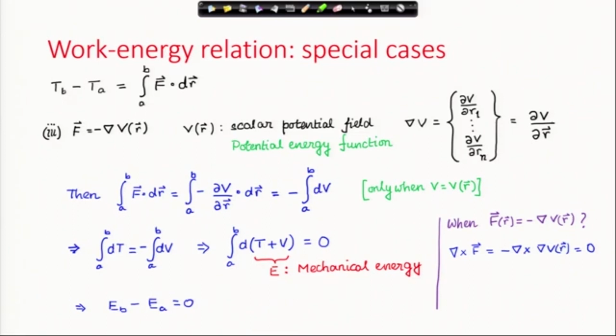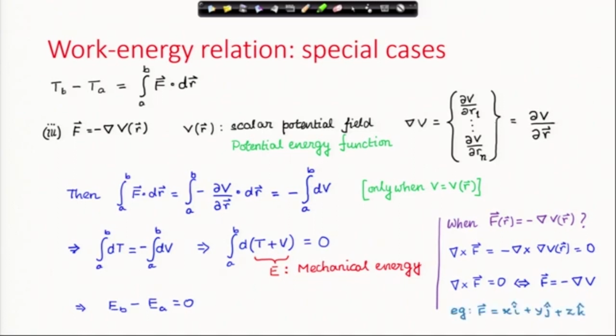Therefore, the curl of the force field being 0 implies, both ways, that the force can be represented as a negative gradient of a scalar potential.